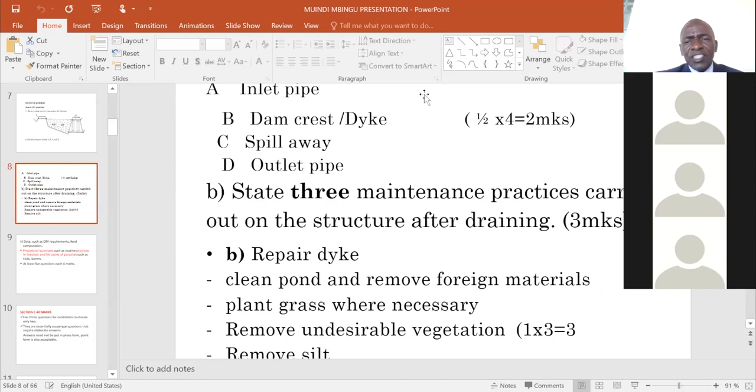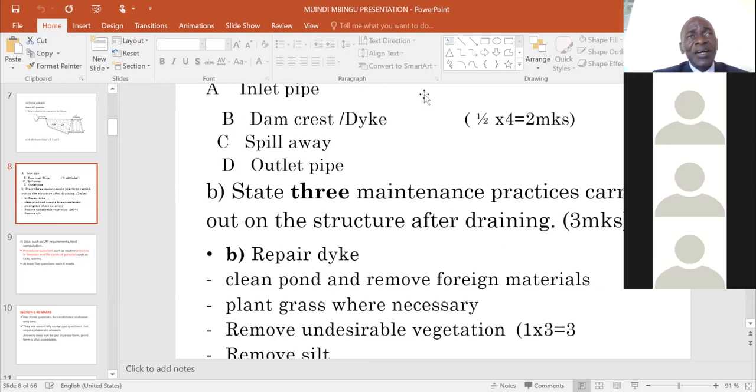Now, state 3 maintenance practices carried out on the structure after draining. So the maintenance measures include repair the dike. And I want you to note that repair is mentioned only once, though there are other aspects of the structure that can be repaired.